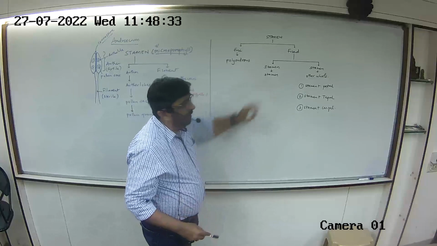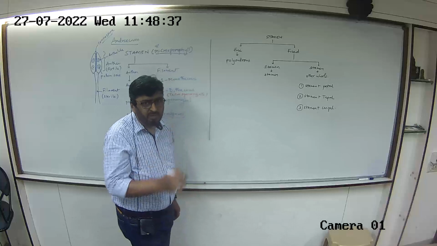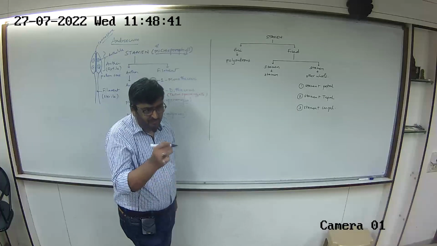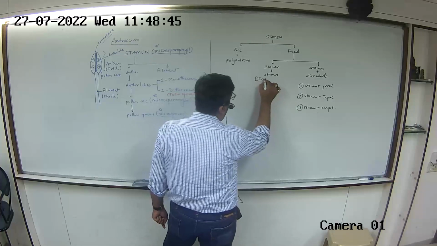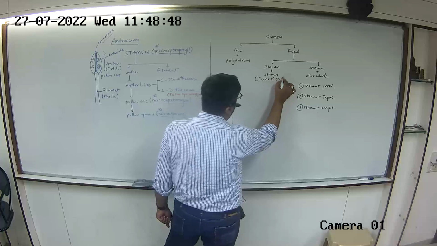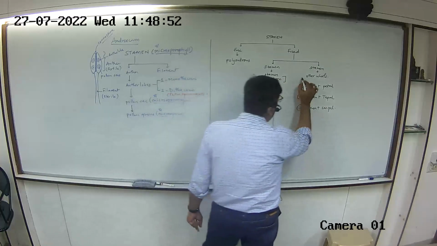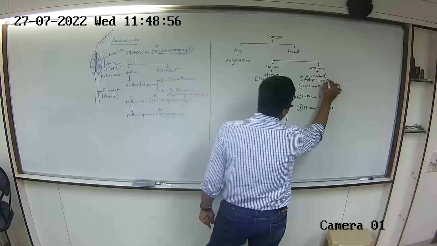Now coming to this part. If stamens are fusing amongst themselves, then it is called cohesion. If stamens are fusing with others, it is called adhesion.